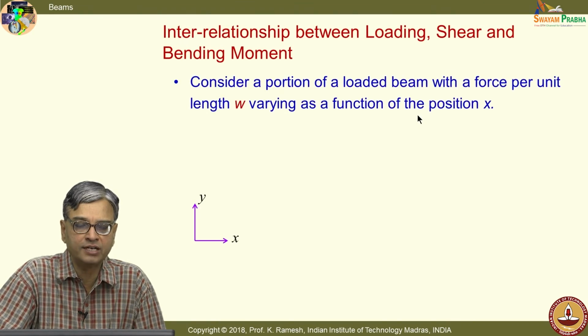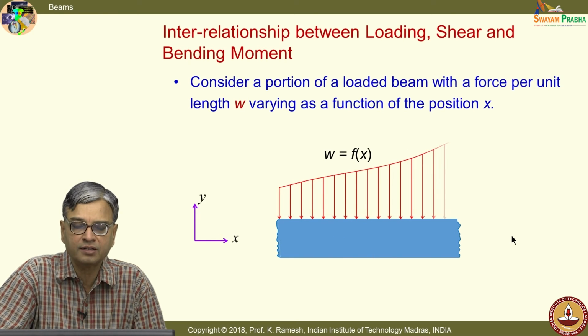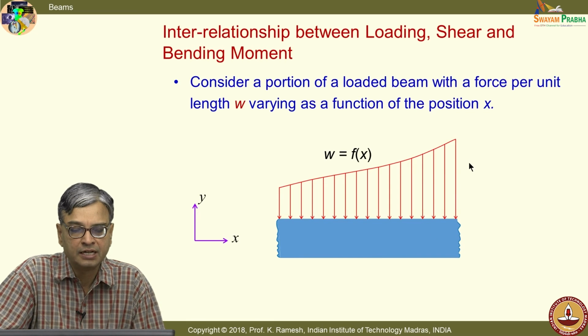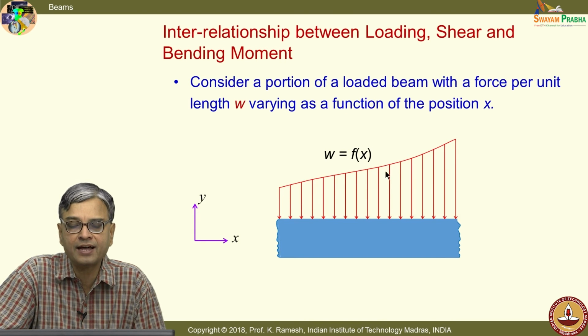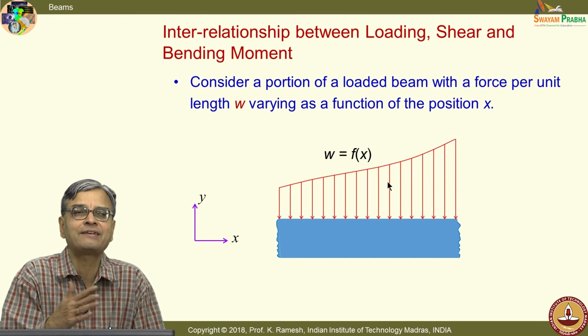And what I am going to do is, I will take a beam which is very long, and take a section of the beam, and I also show whatever the loading is as a function of x, which is varying in an arbitrary fashion like this. You do not have to mimic this exactly, something arbitrary.